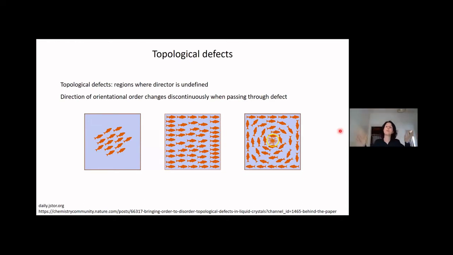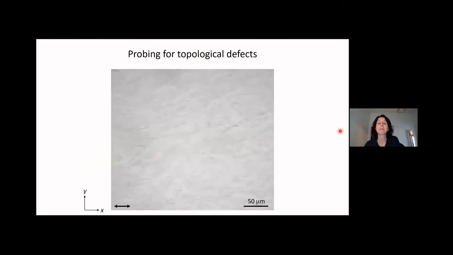And so to probe now if the structures that I showed you in this video are indeed topological defects, we image the system in bright field imaging using just one polarizer. In this imaging mode, any topological defect would appear as a dark feature, as the refractive index of the defect core is very different from that of the nematic environment.